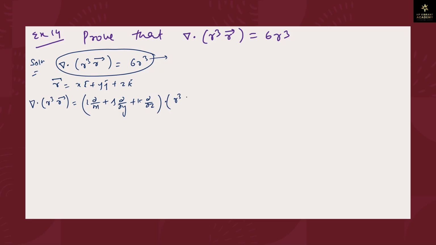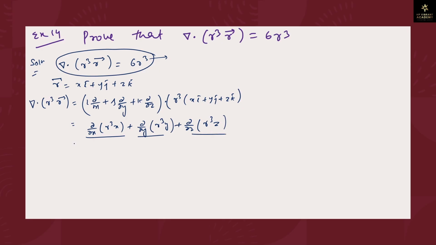Let us represent r as x i cap plus y j cap plus z k cap. So this is equal to ∂/∂x of r cube x plus ∂/∂y of r cube y plus ∂/∂z of r cube z. So we can expand this further by differentiation by parts.